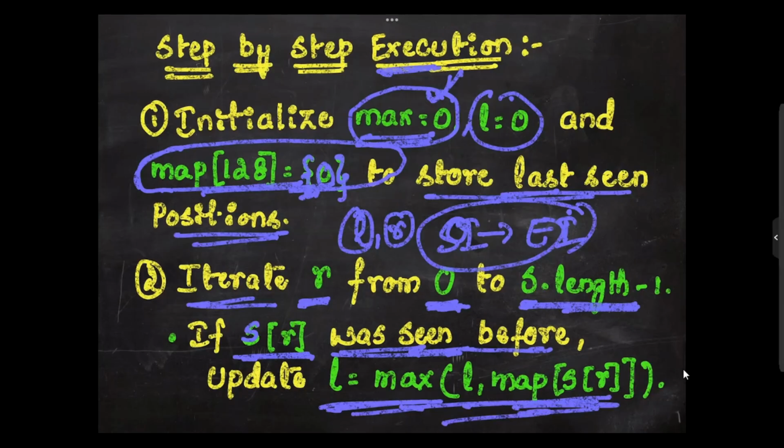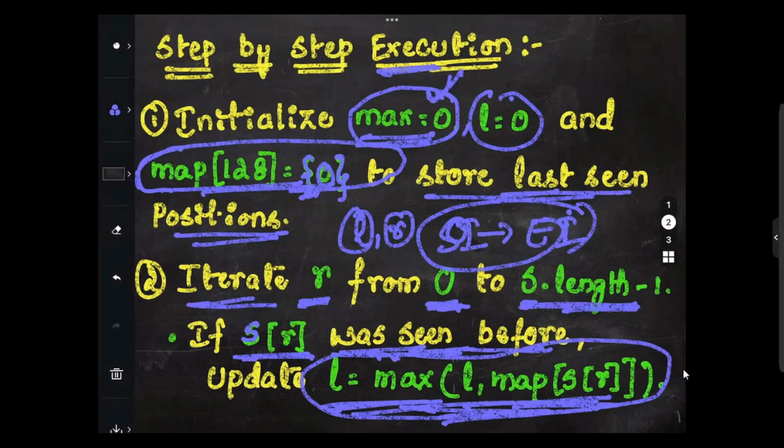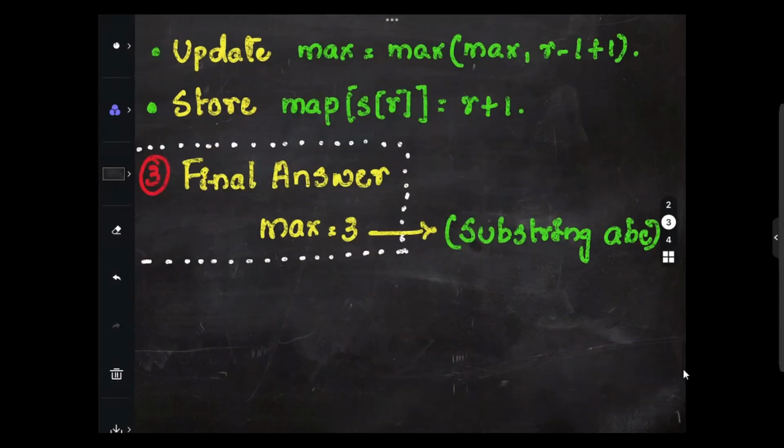Just keep this in mind; it will be very helpful and easier when we write the code. Next, we'll update max equals max of max comma r minus L plus 1. You'll understand this correctly when we write the code.